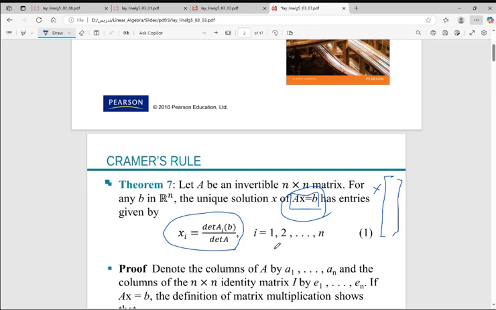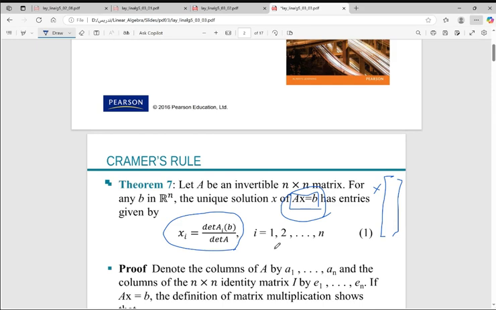Cramer's rule says when your coefficient matrix is invertible, then your system of linear equations for every b has a unique solution.